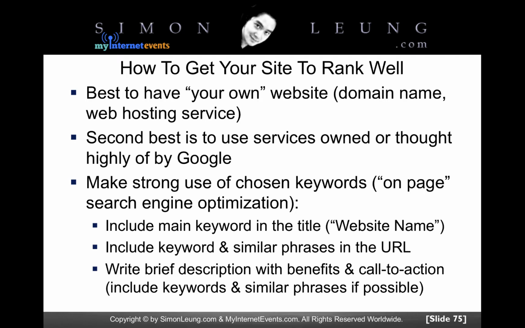Now, the first strategy that we talked about earlier is the concept of choosing your keywords. Once we have our keywords, we can now apply this to our actual website, which is going to be your very first lesson on search engine optimization. In the SEO world, we call this on-page search engine optimization, and that's because everything that we do, every placement of the keyword, for example, is done on the actual website page itself.